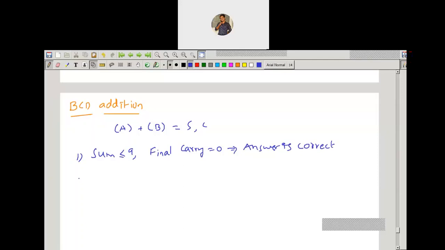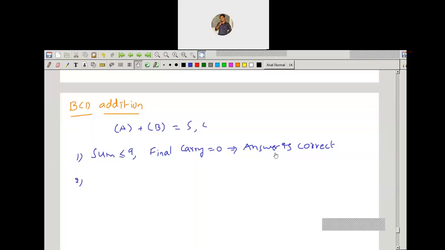So why is it correct? You know what? By using the 4-bit number system, we have 16 possibilities, that is 0 to 15. But we can represent only one decimal digit in the binary form, BCD form. What is a single digit? 0 to 9 are the single digits. That is, when the sum is less than or equal to 9 and the final carry is 0, then the obtained answer is correct.